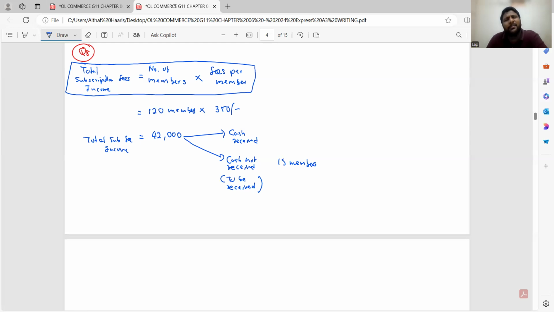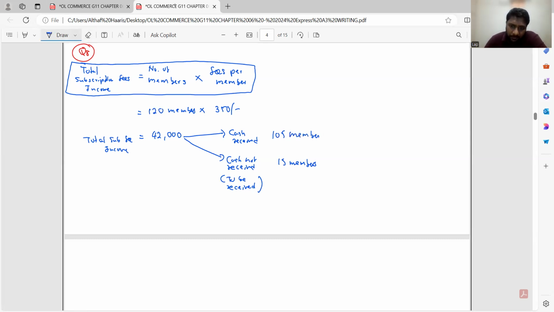out of 120, if 15 people have not yet paid, how many people have paid? 105 members have paid. So each member, sorry, 350.